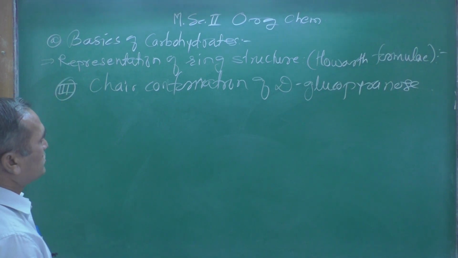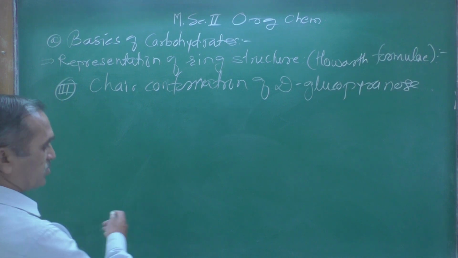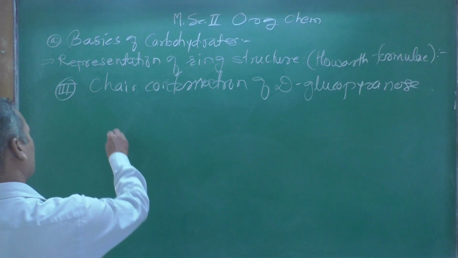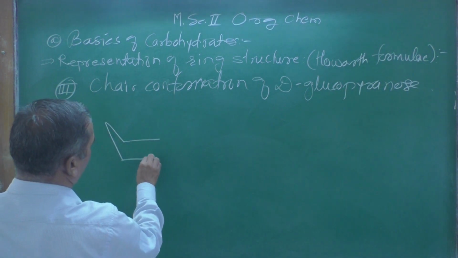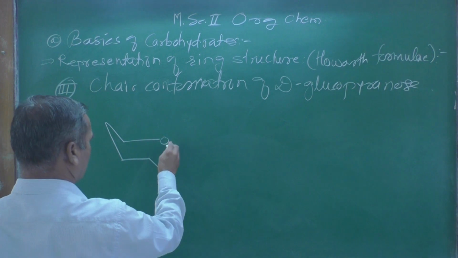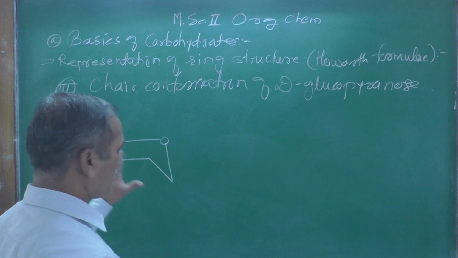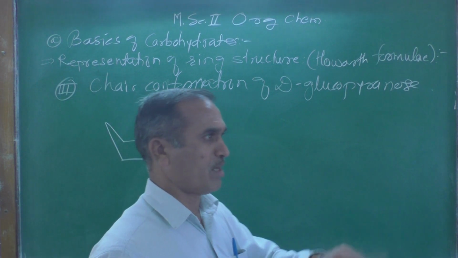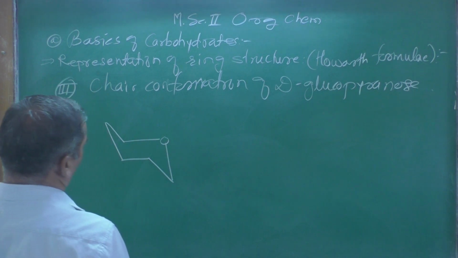Now let us see the chair conformation of D-glucopyranose. As we know, we can draw the chair conformation like this. Here is the oxygen atom involved in the ring formation: 5 are carbon atoms and 1 is the oxygen atom involved in the ring formation.